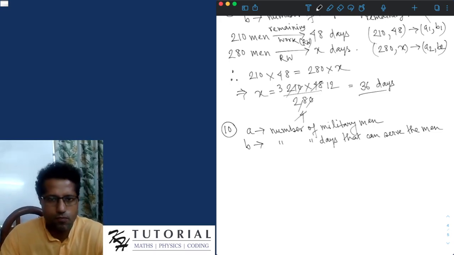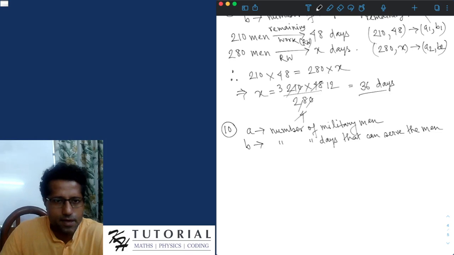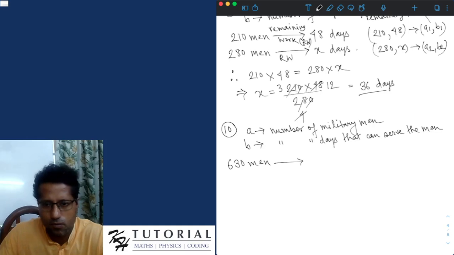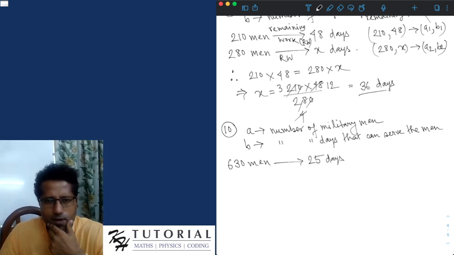Okay, so one piece of information given is that 630 men are lasting for 25 days, and it is asking how many men must be transferred to another camp so that the food lasts for 30 days.